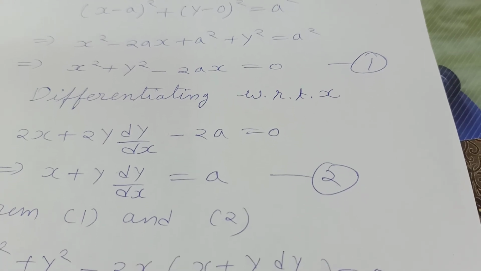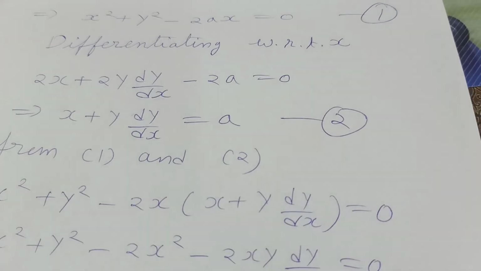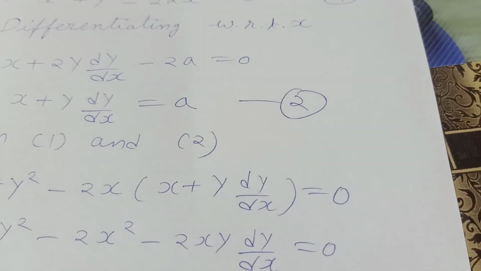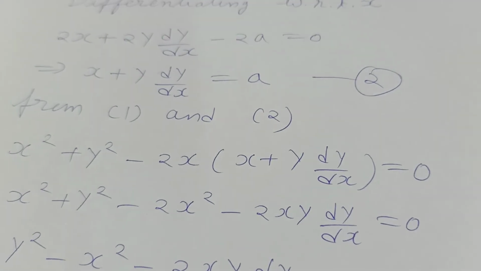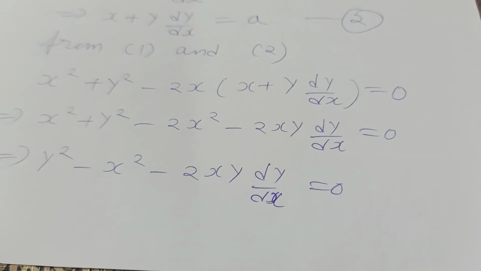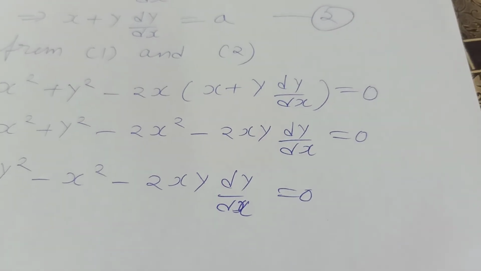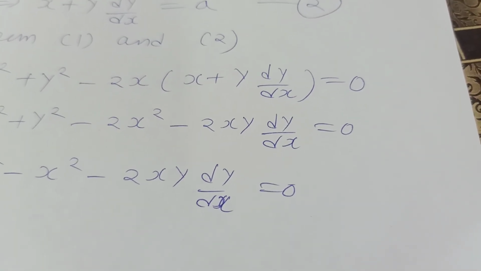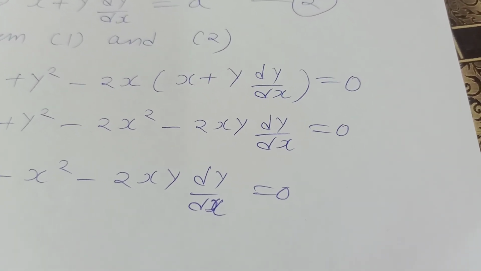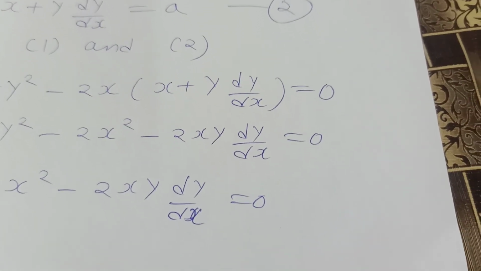So after eliminating a we will get x square plus y square minus 2x into (x plus y dy/dx) equal to 0, or x square plus y square minus 2x square minus 2xy dy/dx equal to 0, and finally we will get y square minus x square minus 2xy dy/dx equal to 0. This is our required differential equation. So similarly we can solve the other problems also. Thank you.